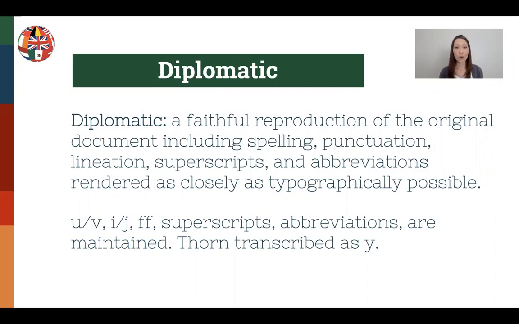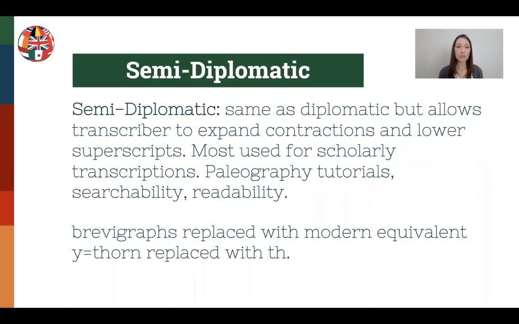So you're also going to reproduce the superscripts, the abbreviations as they are represented, and Thorn is going to be transcribed as Y. In a semi-diplomatic, you're doing exactly the same thing as a diplomatic, so you're going to transcribe it as close as possible to the original, but the semi-diplomatic allows you to expand contractions and lower the superscripts.